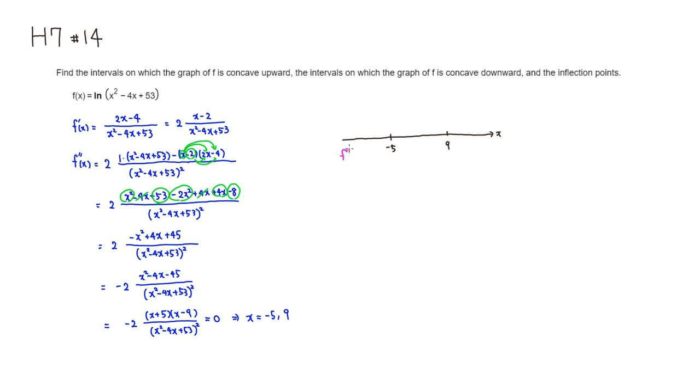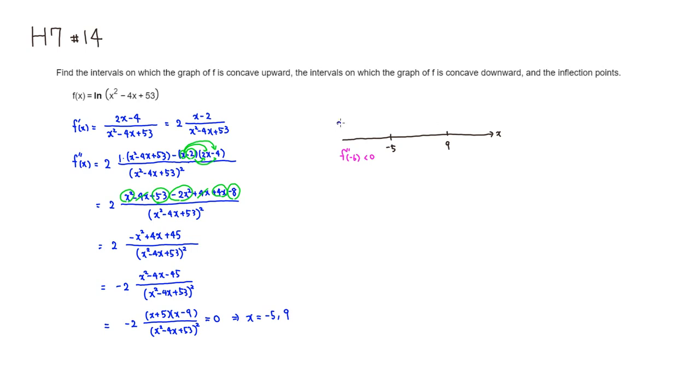For anything before negative 5, I'll try negative 6. Negative 6 plus 5 is negative, and negative 6 minus 9 is negative. So negative times negative times negative, divided by positive because it's squared, is negative.